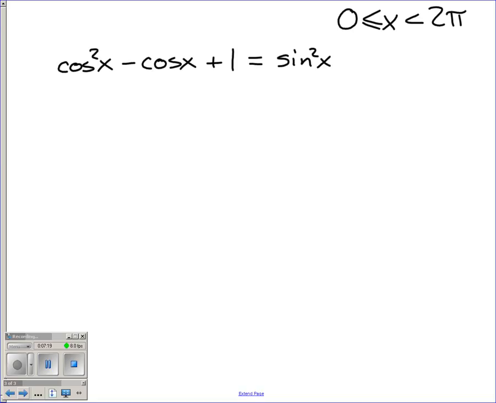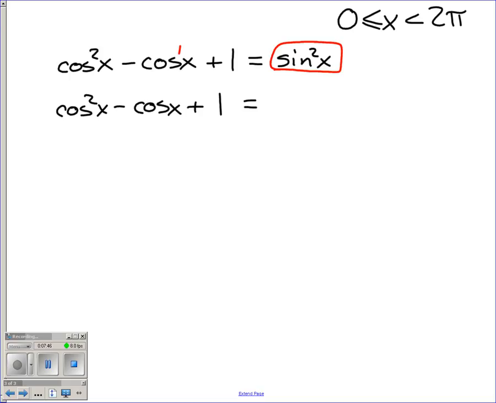They're different. So since we have this cosine to the first here in the middle, let's take the sine squared x and change it into something that just has cosine squared x. So I'm going to bring this left side down, not make any changes here, but there is something that we can replace sine squared x with.